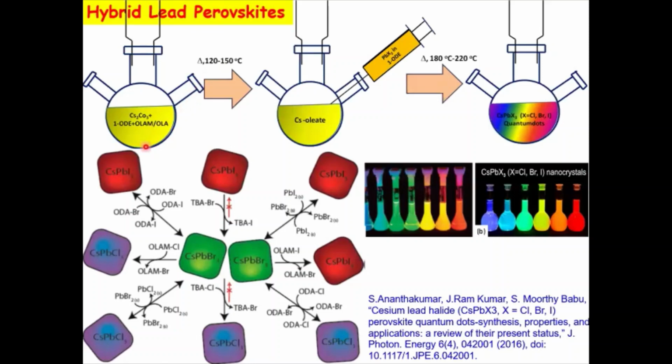This next step forms cesium oleate. It is heated up to initiate the burst nucleation. Quench it fast, and you get quantum dots of whatever halides you put into the other one, chloride, bromide or iodide. Okay, so this is cesium lead.